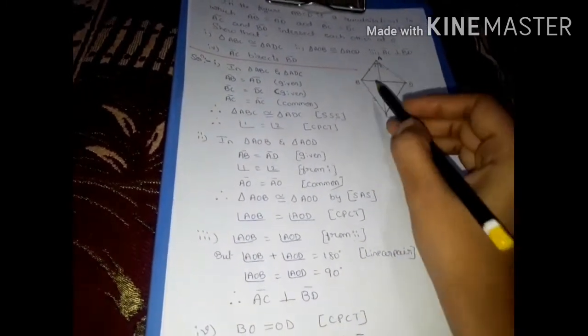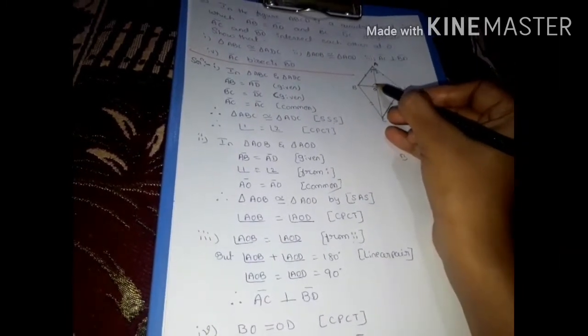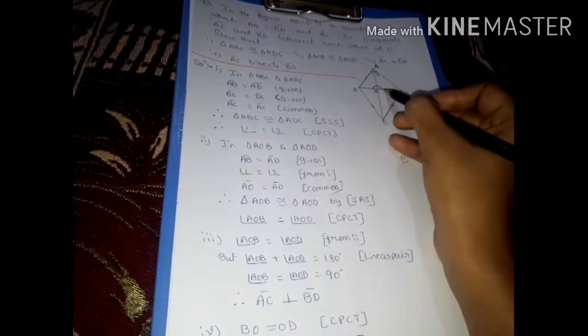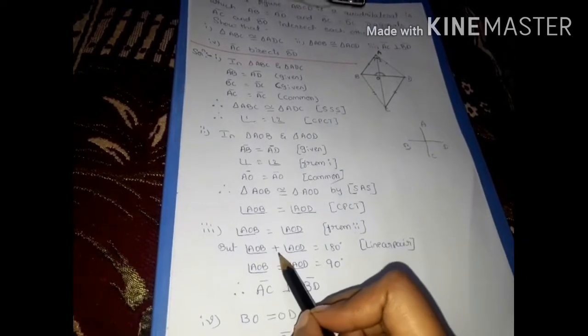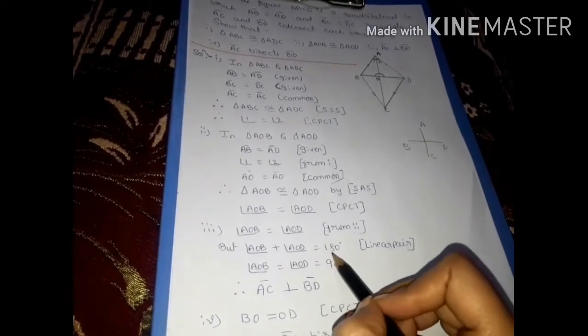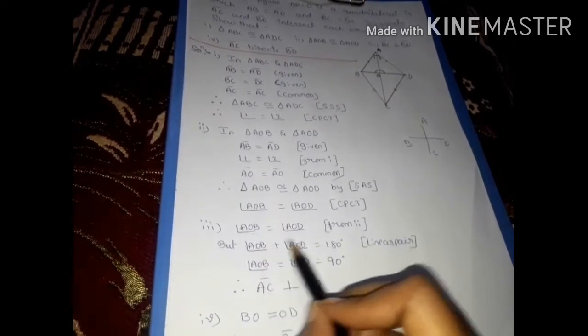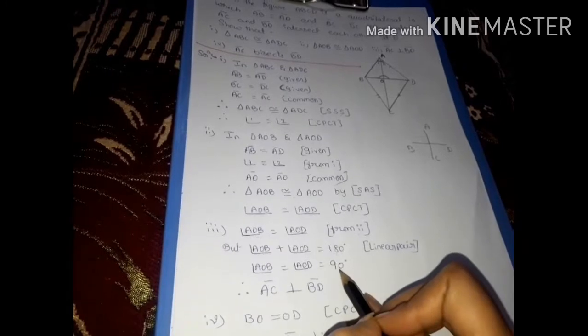Also these two angles form a linear pair on the line BD. So the sum of these two angles equals 180 degrees: angle AOB plus angle AOD equals 180 degrees. When these two are equal and their sum is 180 degrees, then each angle is equal to 90 degrees.